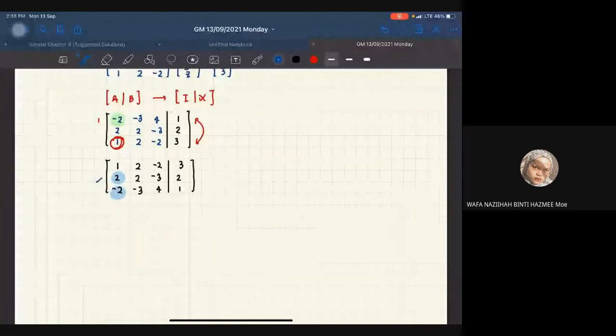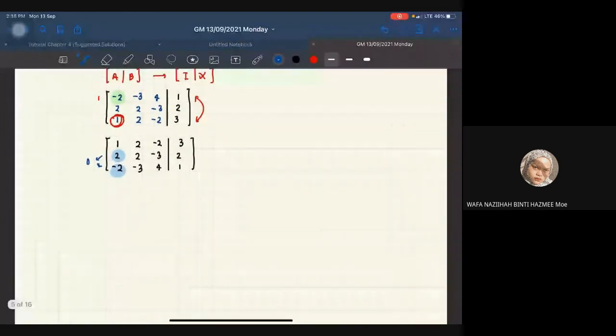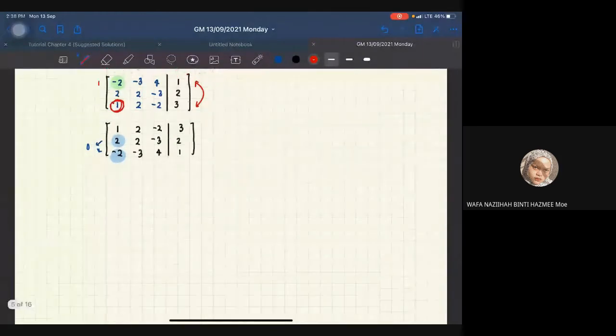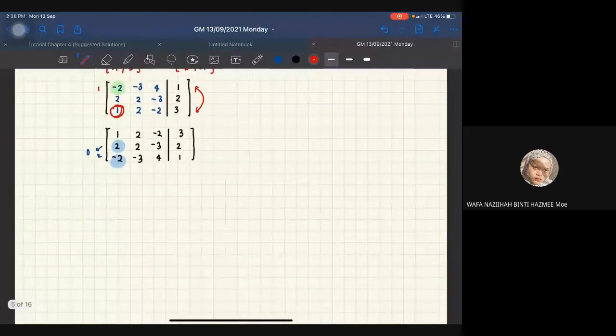Kita guna cara saya hari tu. Row 2 tolak. Okay. Row 2, 2 tolak 2R1. 2R1. Okay, good.